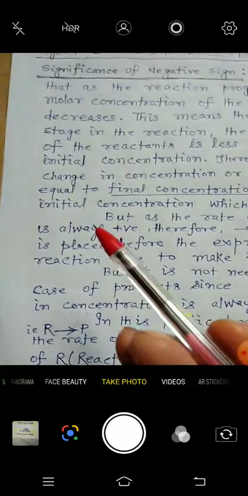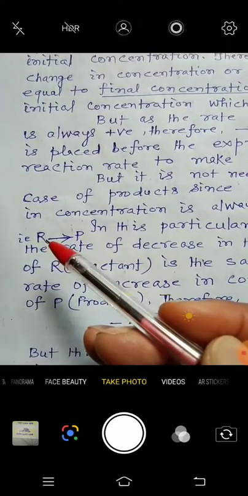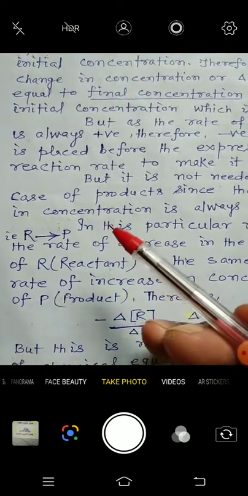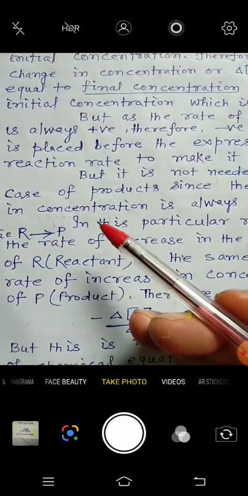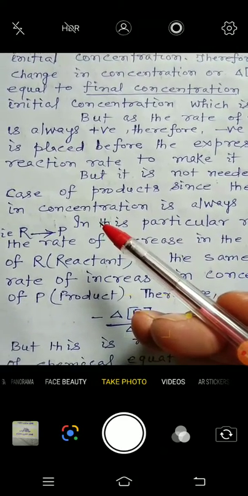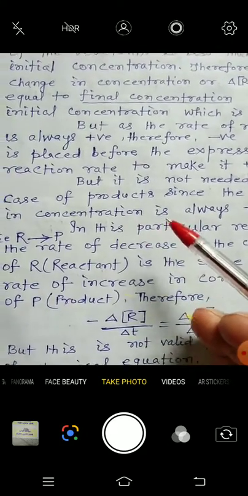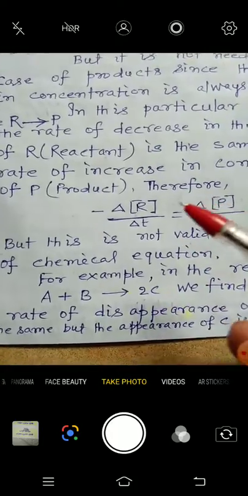That is, here R is 1 mole, P is 1 mole. But what will happen for reactions in which some reactant substances are 2 mole, some 1 mole, and the product is 3 mole or 2 mole or 1 mole? What will be the expression for the rate of reaction in that case?